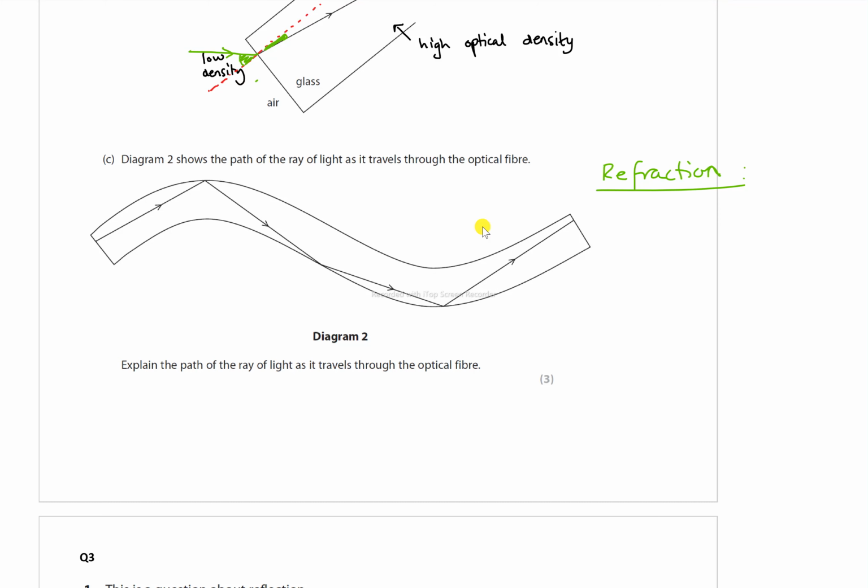Refraction is the change in direction of a wave.